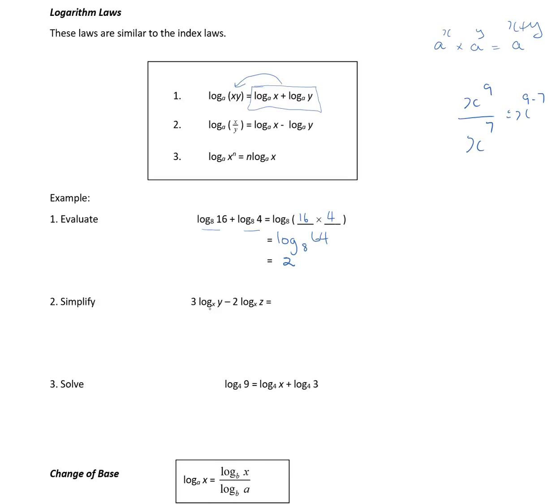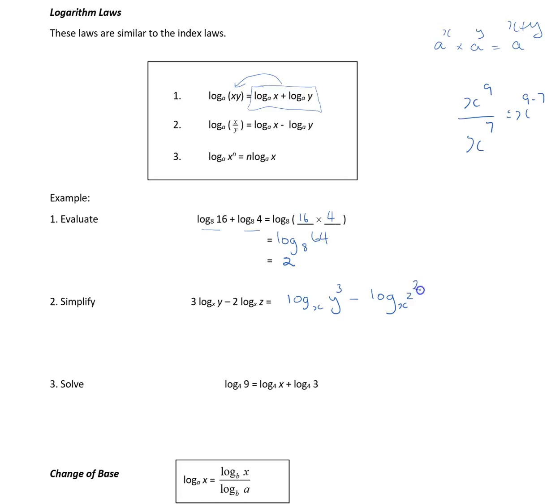Obviously on this one we're not going to come up with a numeral answer, but let's see what we can do here. We actually can't do anything until I remove that 3. So I can rewrite this first term as the log to base x of y cubed minus, and remove that 2, the log of z squared to base x, which is nice, they've got the same bases.